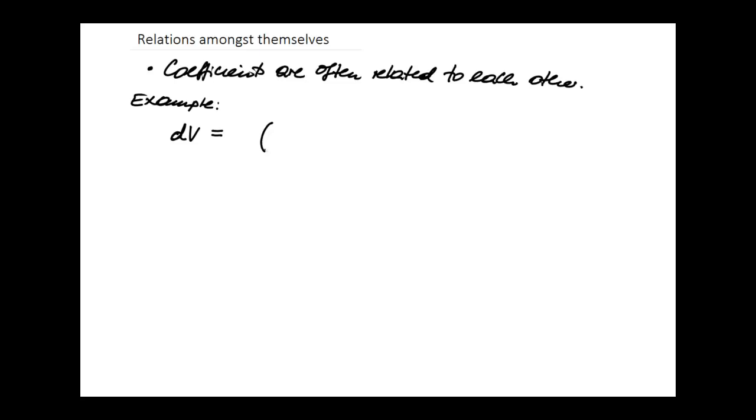And the respective coefficients are the partial of volume with respect to pressure at constant temperature times dP plus the partial of volume with respect to temperature at constant pressure times the differential of temperature. I can multiply this equation on both sides with 1 over the volume.